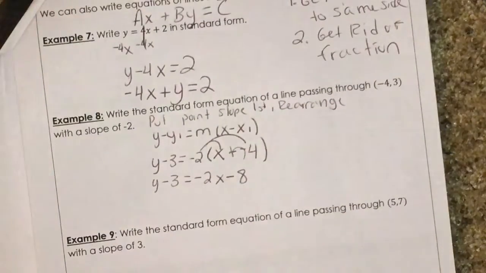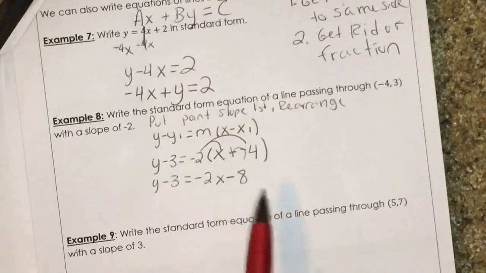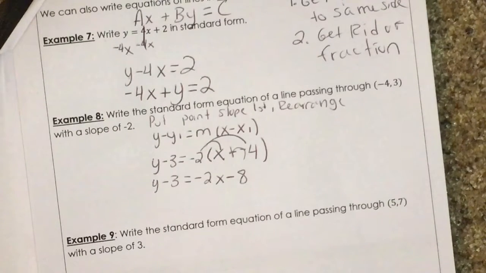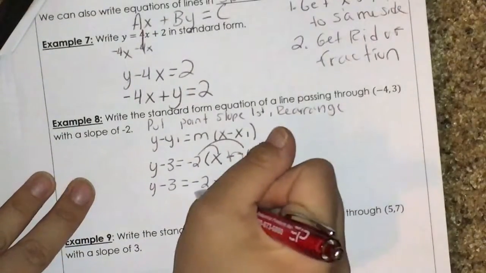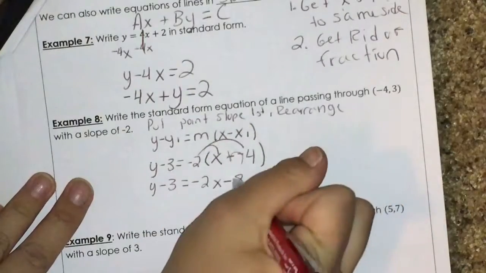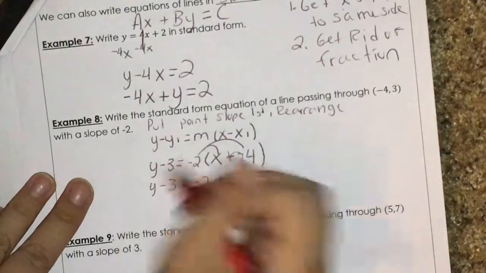If I wanted to put this in slope-intercept form, I would just have one more step to go. I would have to add 3 to the other side. But I want this equation in standard form, okay, where it goes ax plus by equals c. So I'm going to do some switching around here. I want the numbers on one side and the variables on the other side.